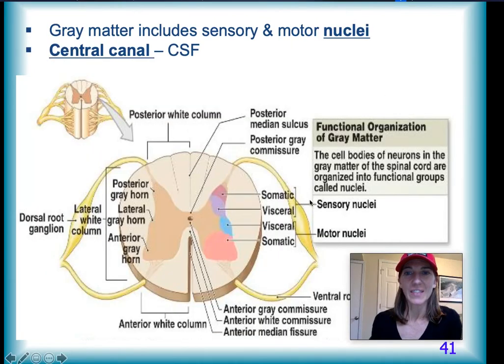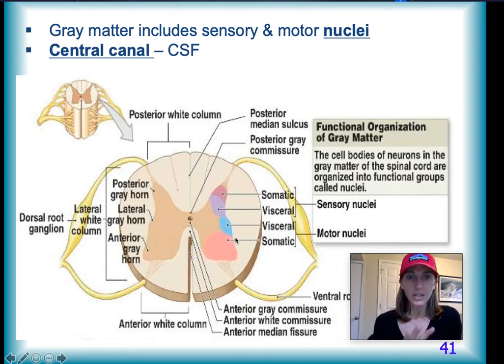Here, the sensory nuclei, similarly to what I was just describing, are also going to be oriented on the dorsal side. So here you have somatic sensory to the body, and visceral sensory nuclei, so collections of cell bodies carrying information about our visceral organs would gather here. And then the motor side of things is going to be on the ventral side.